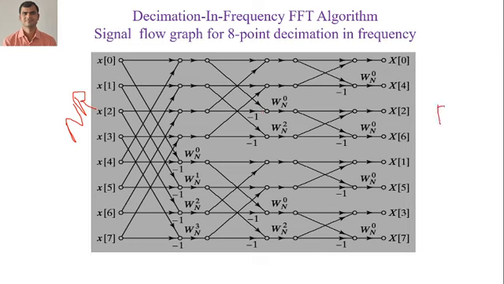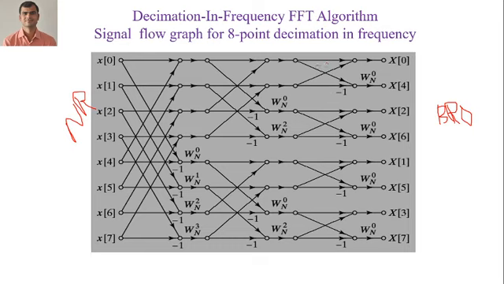Also, the Twiddle factor exponents are multiplied after addition, whereas in DIT they are multiplied before addition. As you can see, the structure is the mirror image of the DIT FFT algorithm.